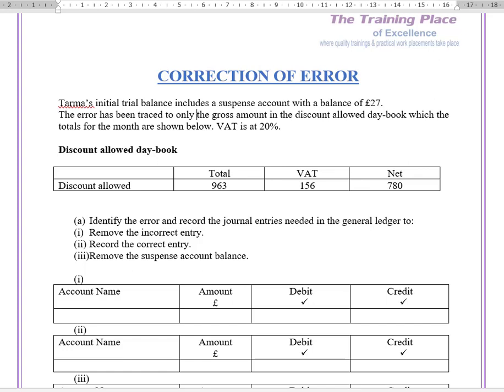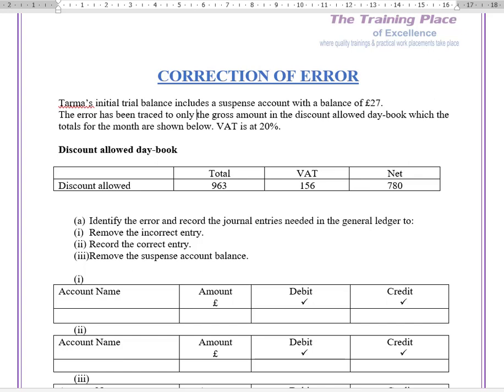It says, Tama's initial trial balance includes a suspense account with a balance of £27. That means you have made a mistake that does not comply with double entry. It says to us, the error has been traced to only the gross amount in the discount allowed daybook, which the totals for the month are shown below. VAT is at 20%.